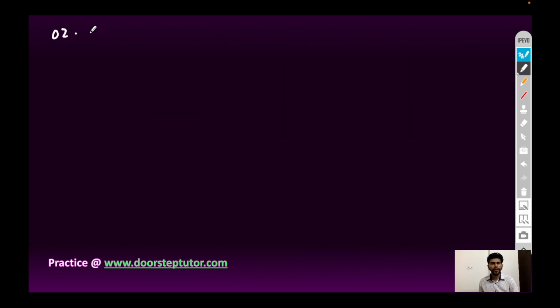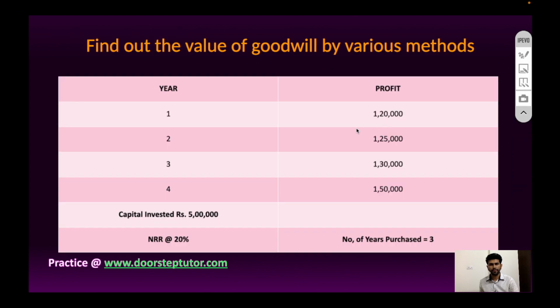Now let's calculate goodwill under super profit method. Capital invested 5 lakh rupees.